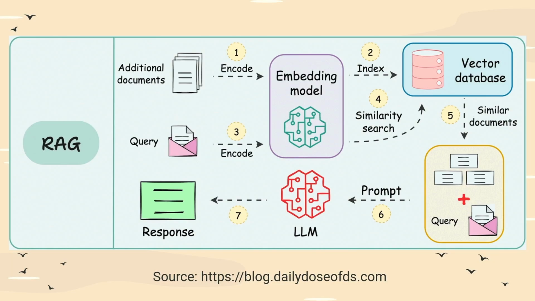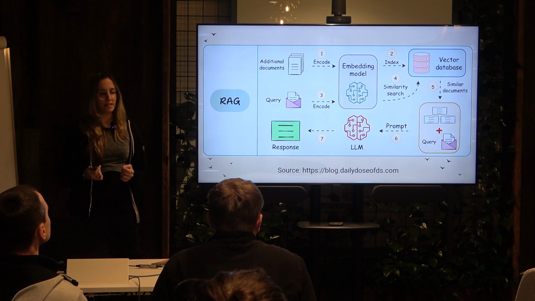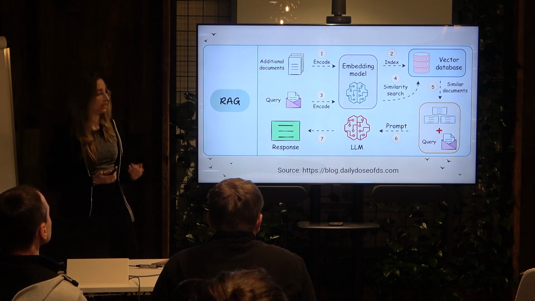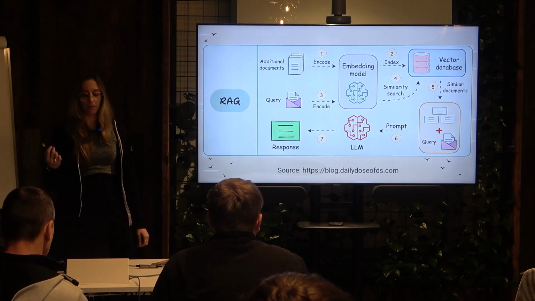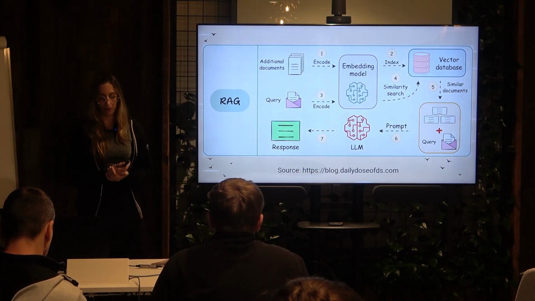And step 5, what the vector database returns will be only the documents or the chunks of documents that it deems more similar to your query. So then you can combine the text representation of the similar documents with your query, and step 6, provide it to the LLM, which step 7 will provide a response.